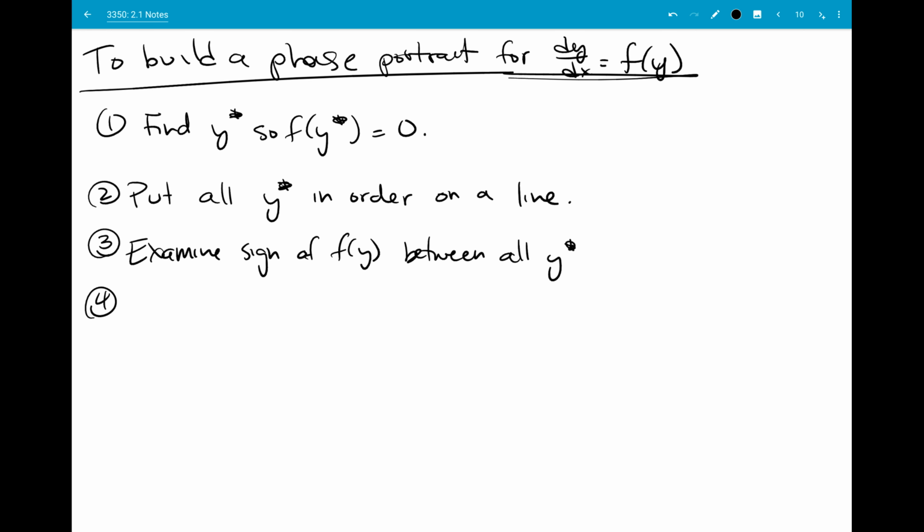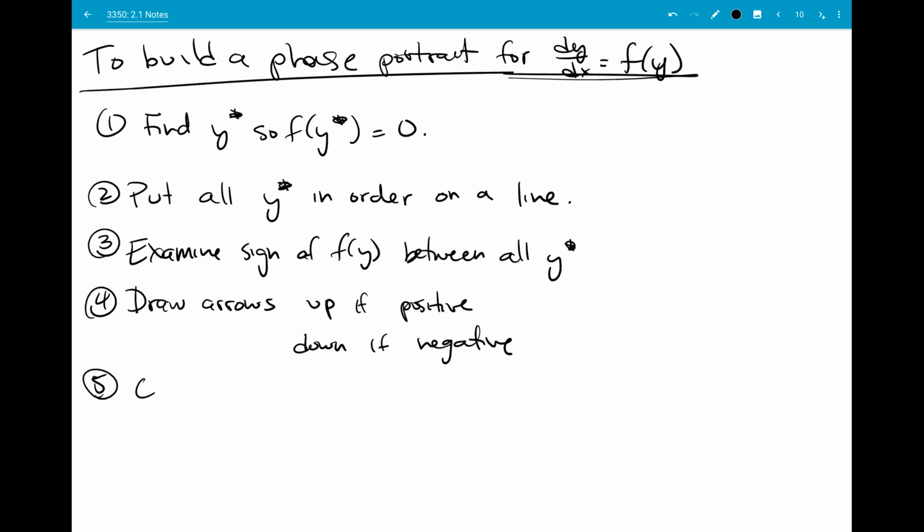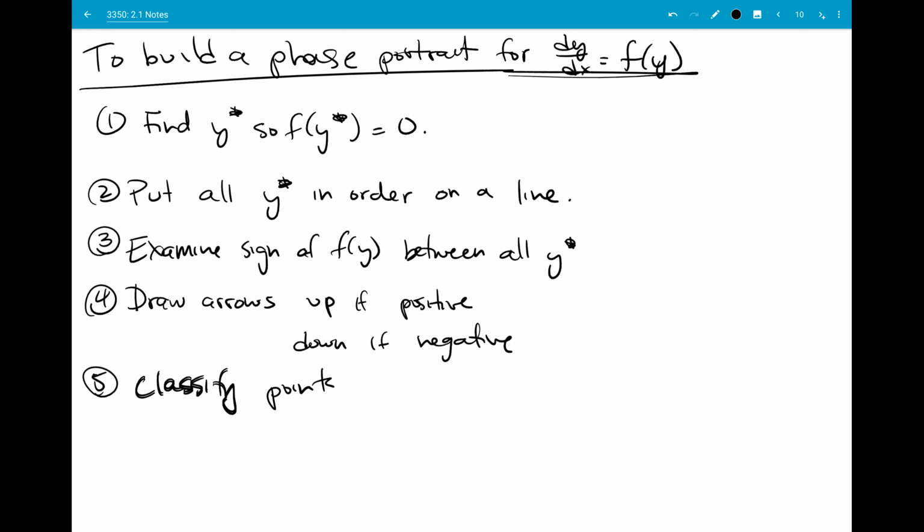We're going to draw arrows up if positive, or down if negative. And then we're going to classify them as one of 3 different things.